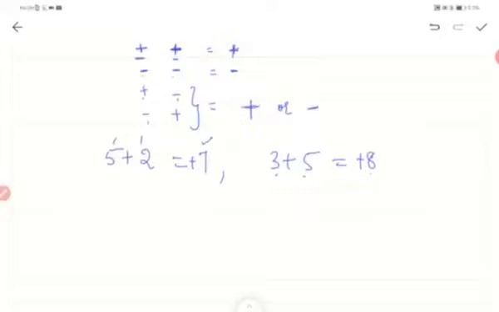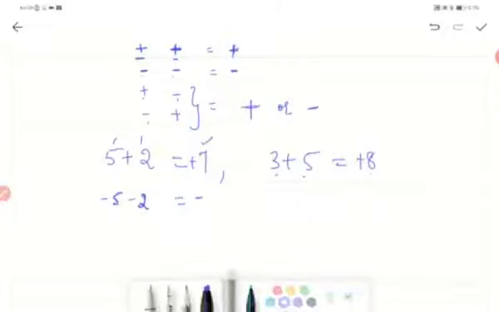Now if I take two negative integers, let's take the same number, minus 5 minus 2. Okay, so when you have two negative integers, you will add them, but the sign will be minus. I will write this in this manner.